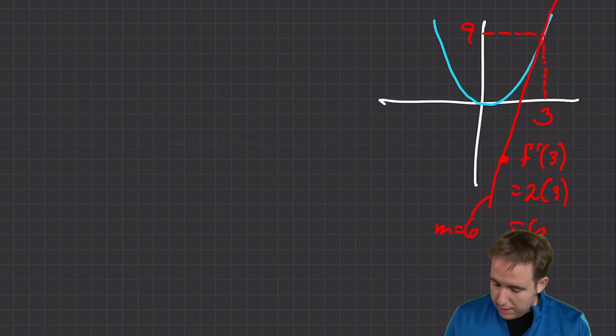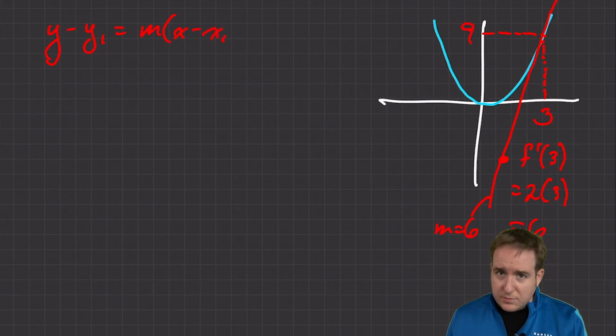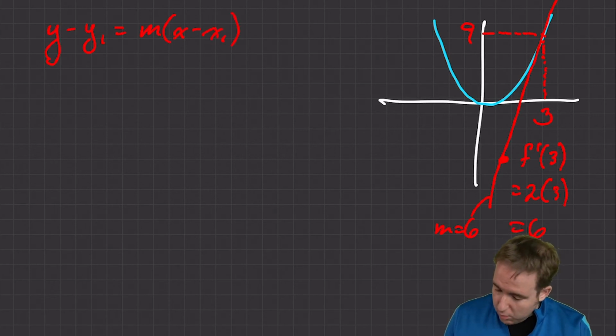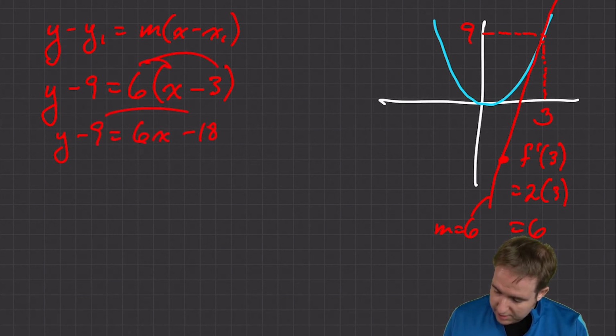So y minus y1 equals m times x minus x1. And you're seeing none of this is particularly difficult, but I'm writing a lot. Y take away 9 equals 6 times x take away 3. Y minus 9 equals, distribute, 6x minus 18. Move the negative 9 to the other side. Y equals 6x minus 9. And that becomes the other answer.